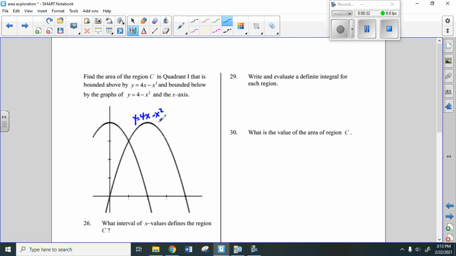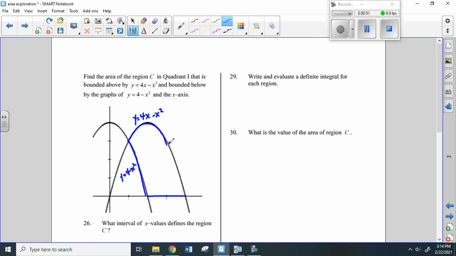That's what it's bounded above by, but then it's bounded below by the graphs of y equals 4 minus x squared and the x-axis. So we're talking about this region right here.